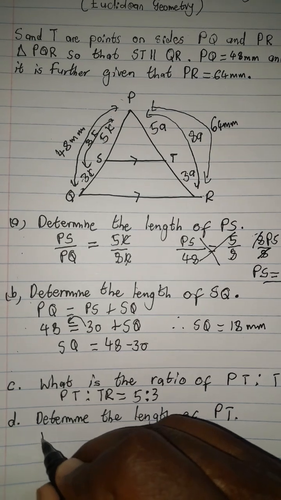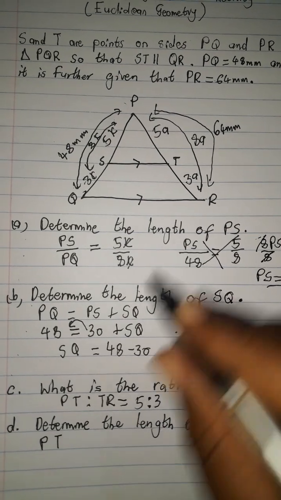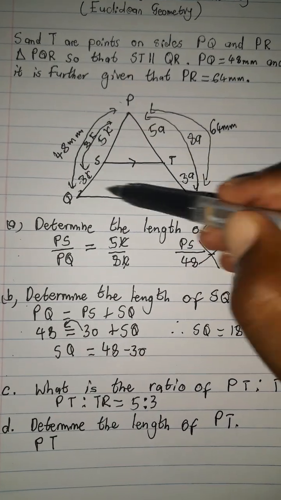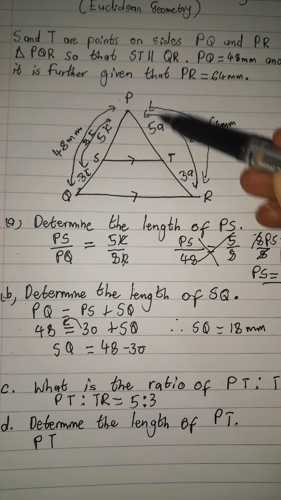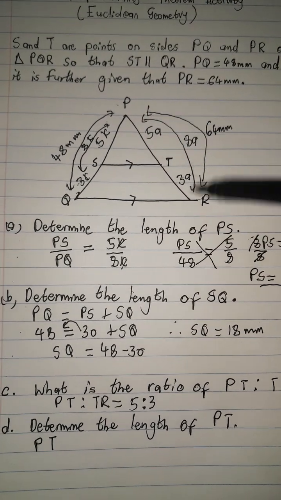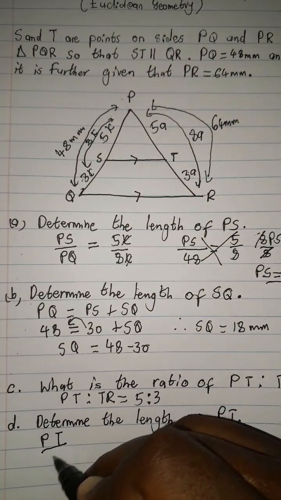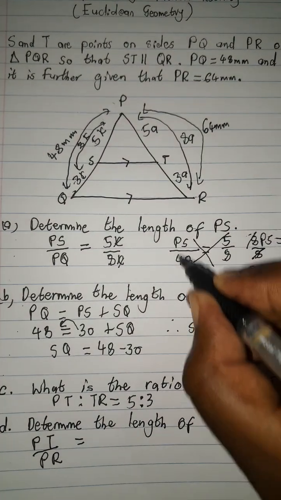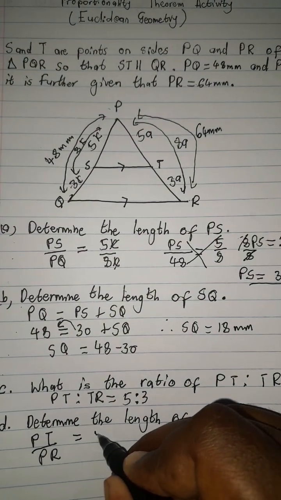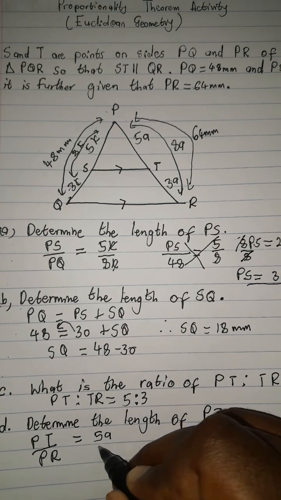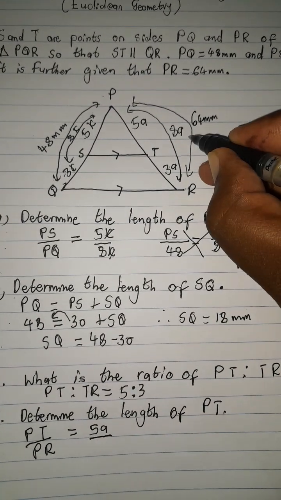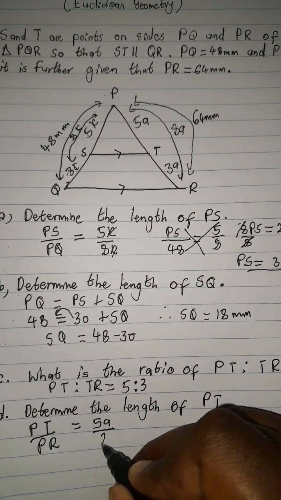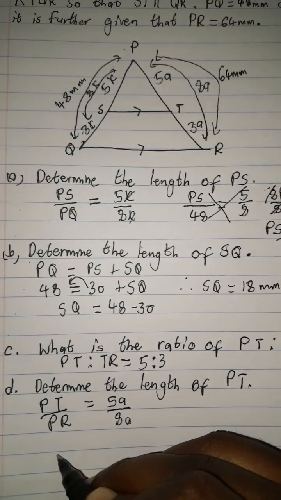Well, guys, we're going to use the same technique that we used from this side, remember when we found PS. So in this case, we're going to say PT all over the actual length of PR divided by PR. Then what was our ratio of PT? That was 5A. What about PR? PR was 8A. It's the same technique.